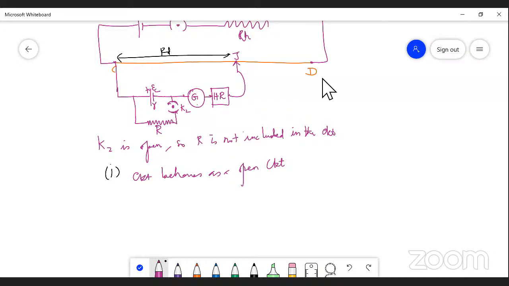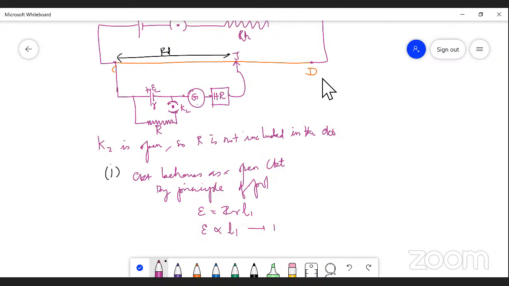So by principle of potentiometer, I can write E equals IRL1, from which I can write E is proportional to L1.